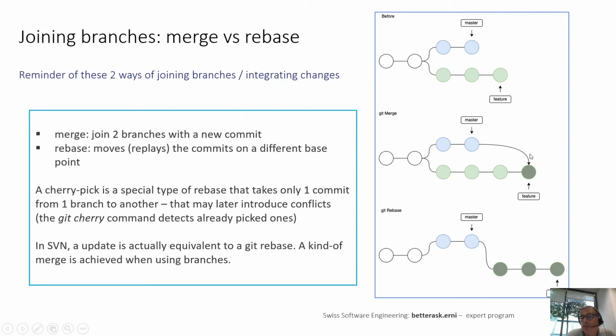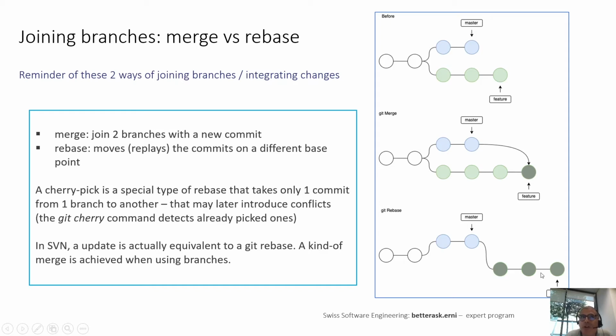Assuming there are no merge conflicts, these two branches have been joined. Very easy. And what is a rebase? The rebase consists in taking the changes you have done here and putting them at the tip of the master branch. So we join them here, and this is your feature.